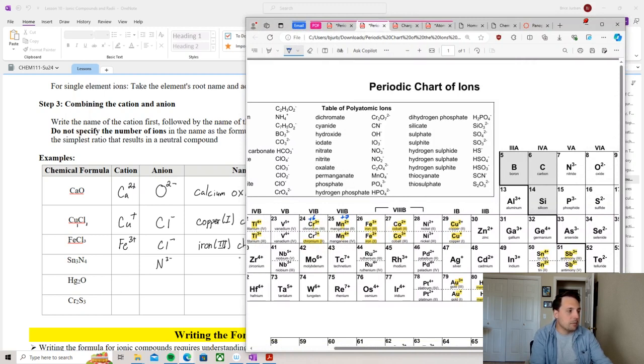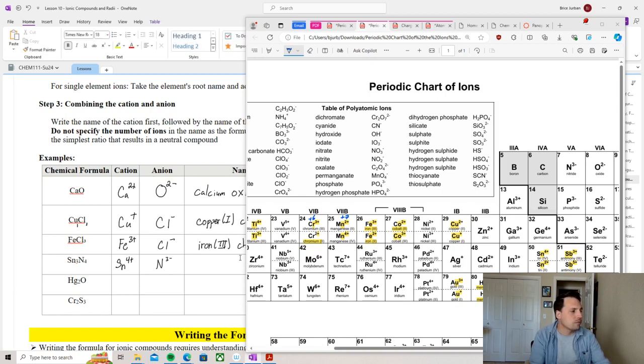Well, in this example, we can cross those subscripts to become the superscripts, because if this goes there and this goes here, we'll see that tin has to have a 4+ charge. We need 3 4+ charges, giving us a 12+ charge, to cancel the 4 3- charges from the nitrogens. Do you see how that works?